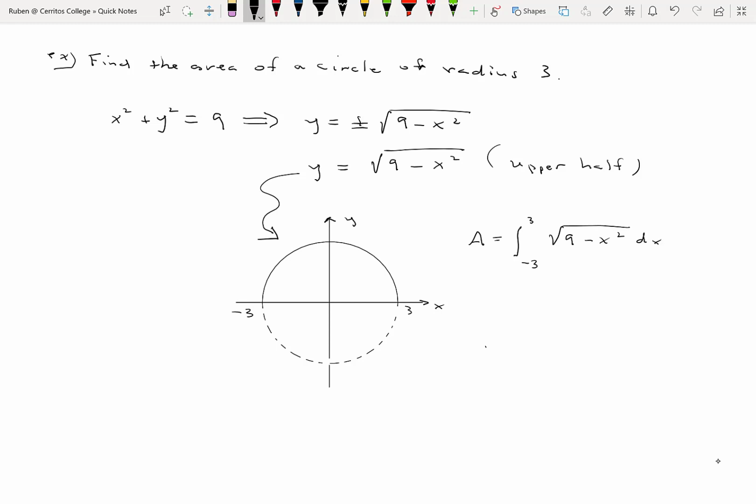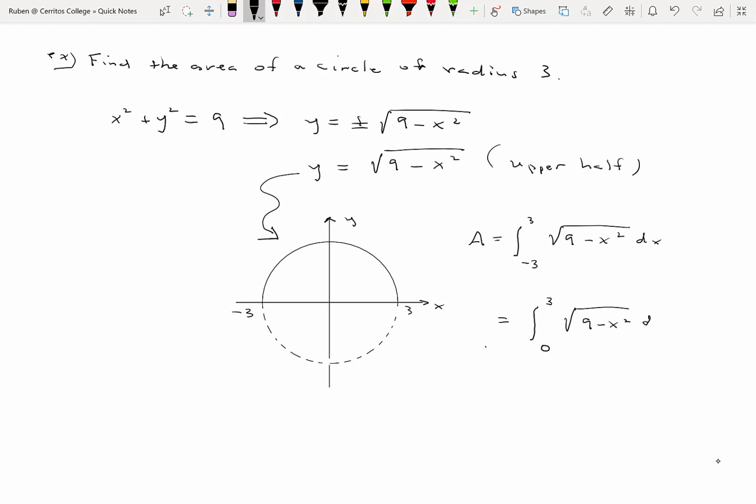What I think I'm going to do is use a little more trickery here. I'm going to just use the quarter of the circle in the first quadrant, and use that to find the area of the circle. So I'm going to integrate from 0 to 3. Now this gives me the area of 1/4 of the circle.